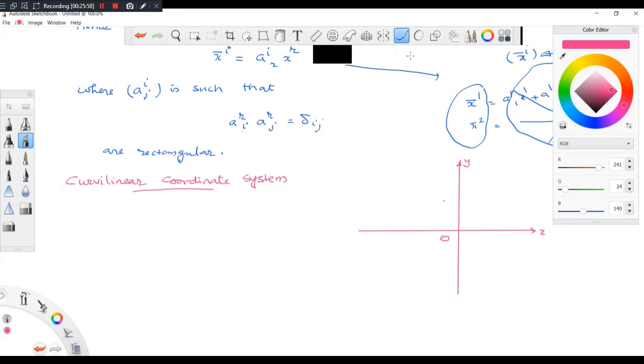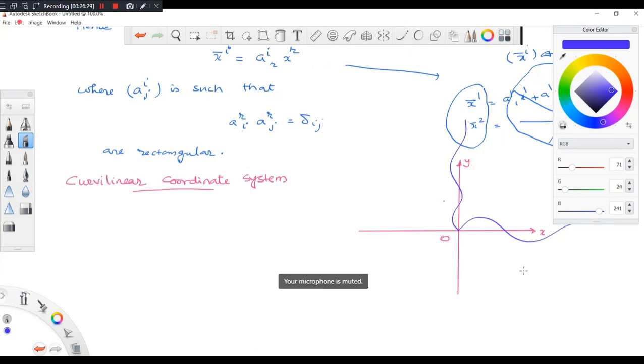Suppose your x-axis is something like this, a curve, and in the same way my y-axis is also some curve.